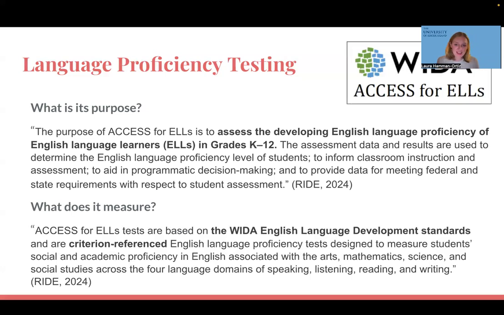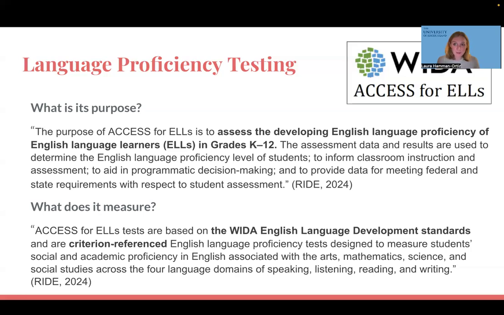So the Access Test is criterion referenced, which means that it's measuring specific standards or specific items. And it's designed to measure students' social and academic proficiency in English associated with the arts, mathematics, science, and social studies, and across all domains of language: speaking, listening, reading, and writing.